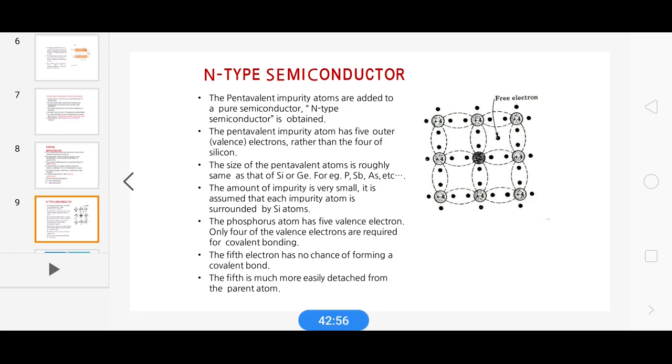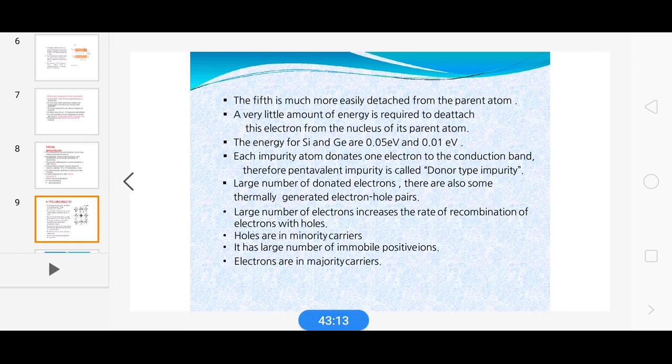The phosphorus atom has 5 valence electrons. Only 4 valence electrons are required for covalent bonds, and the 5th electron is free to move and easily detached from the nucleus, and this energy is equal to 0.05 electron volts for silicon and 0.01 electron volts for germanium.